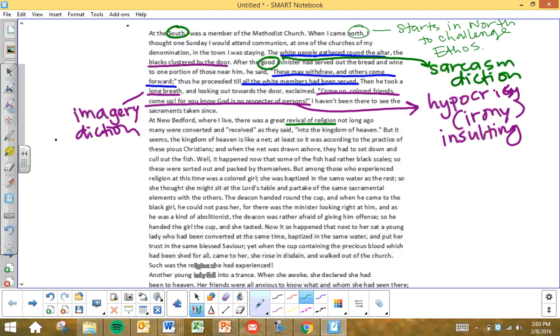Do you remember when we were talking about the radical abolitionists? This is what he's referring to. There was a revival of people having access to God. Radical abolitionism.